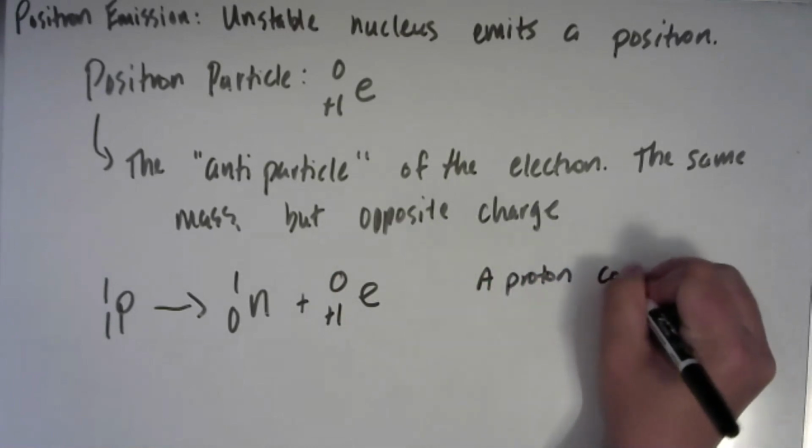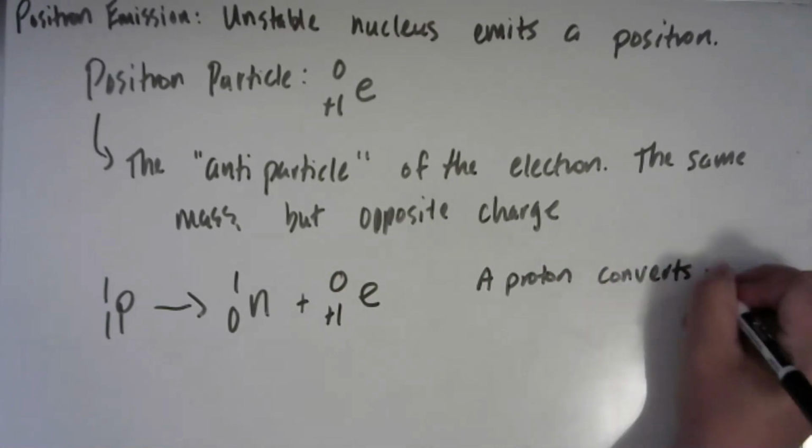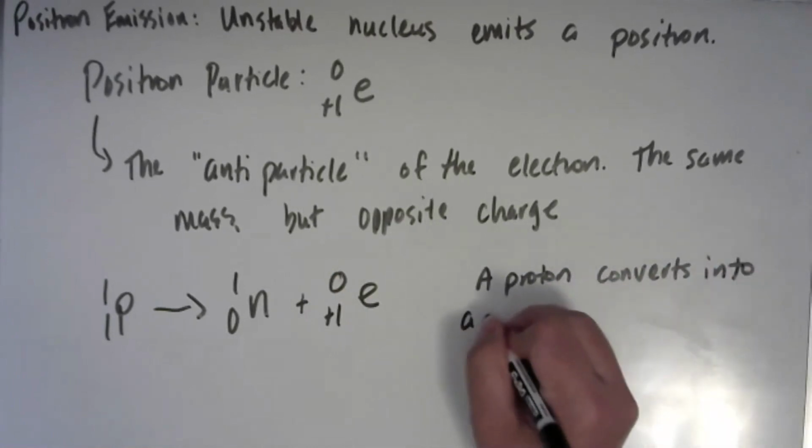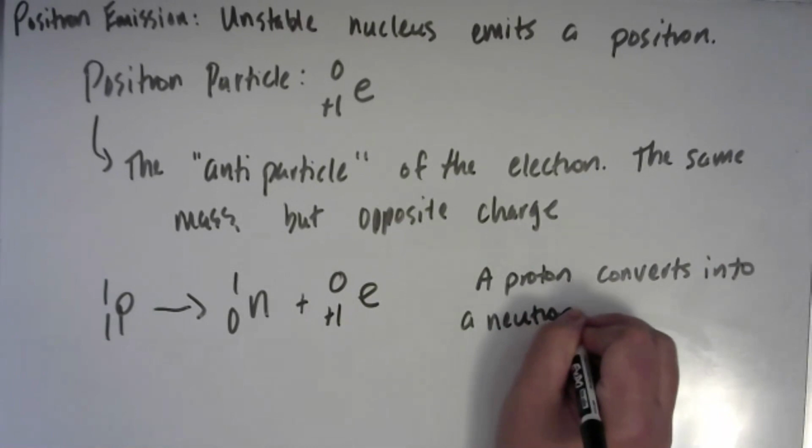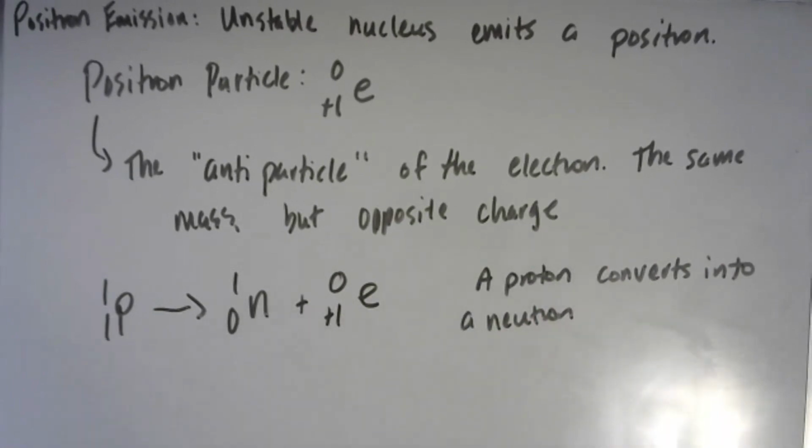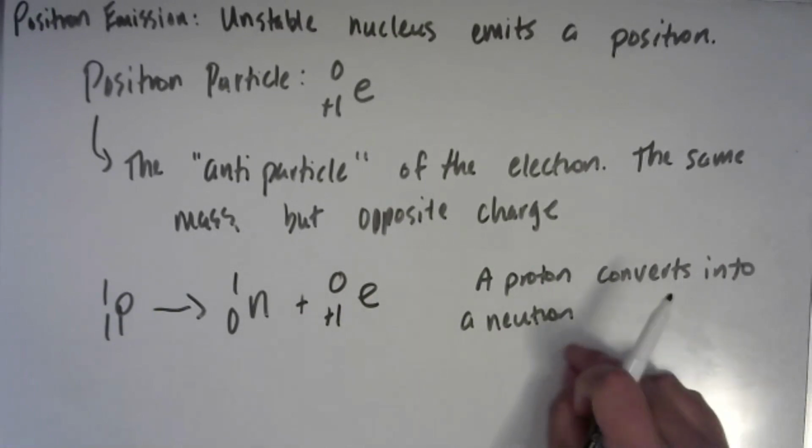So a proton converts into a neutron. And this becomes important later when we're looking at types of decay that are likely to happen. Knowing these processes is important to understanding what's happening in those situations.